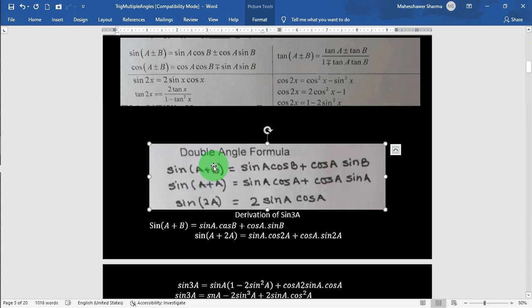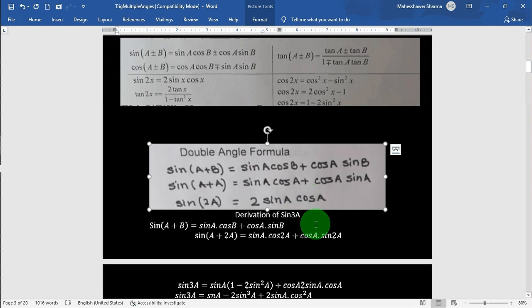Now we are replacing b with a, so sine a plus a equals sin a into cos a plus cos a into sin a. Adding both, we get 2 times sin a dot cos a. So the formula of sin 2a is 2 times sin a dot cos a.